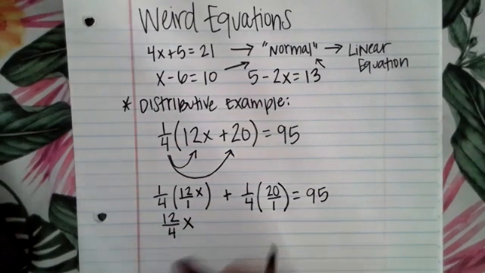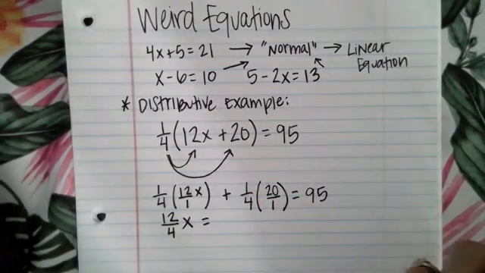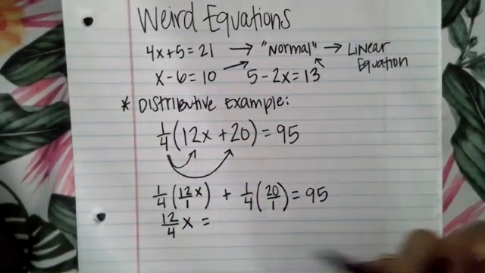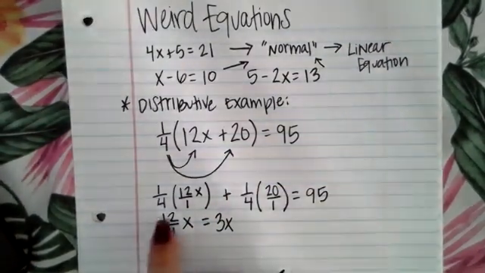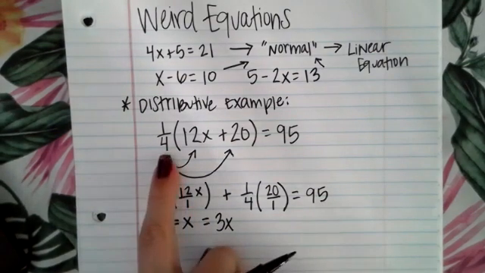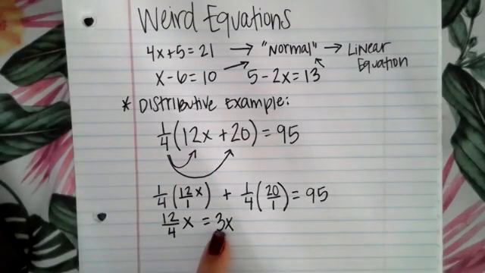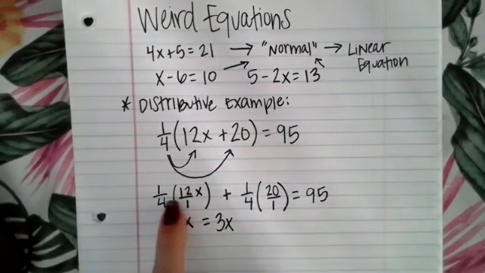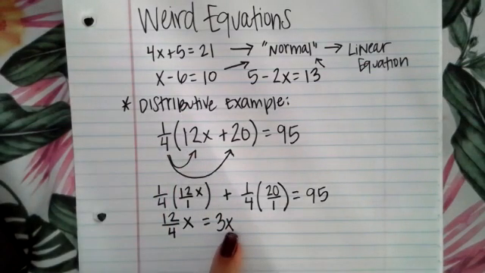Now, since I know the fraction bar means division, 12 divided by 4, take a moment. What is that? Should be 3. So 1/4 times 12x is the same thing as 3x. We're taking a fourth of 12, meaning we're dividing it into 4 groups. There's 3 in each group, okay? So this particular term, when we use the distributive property, simplifies to 3x.